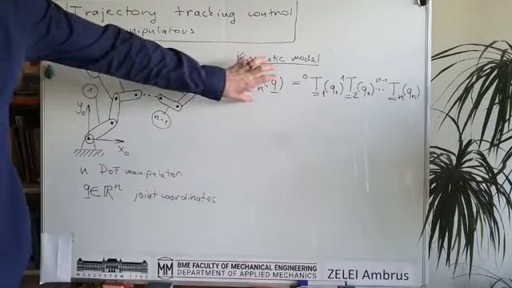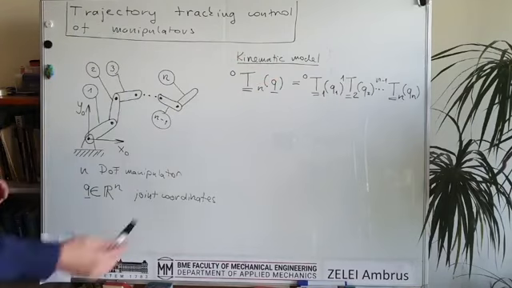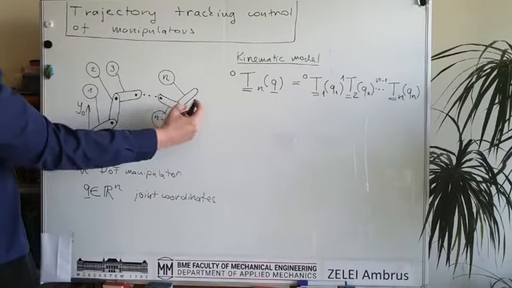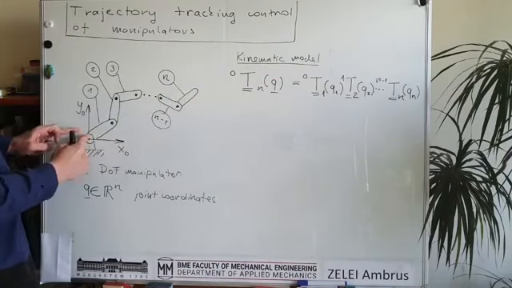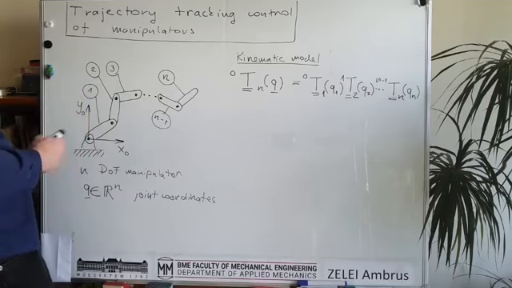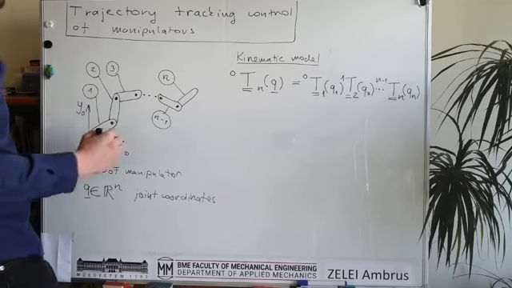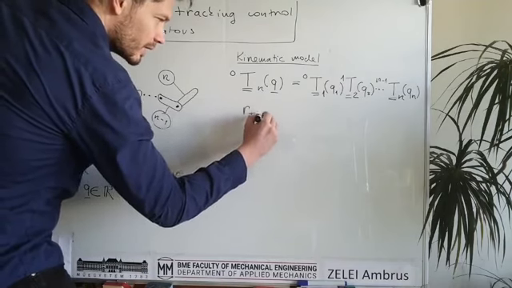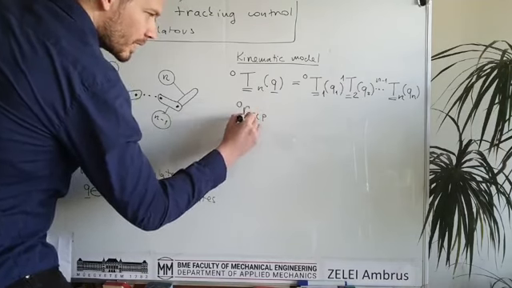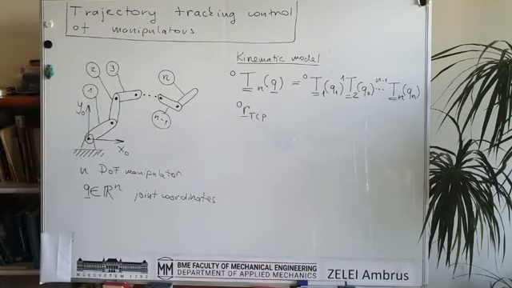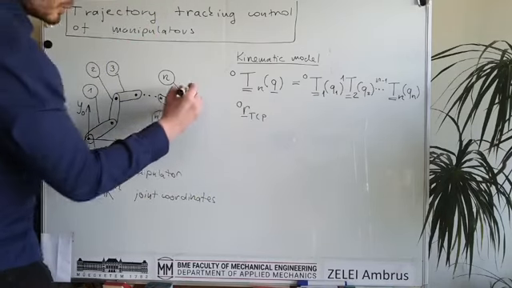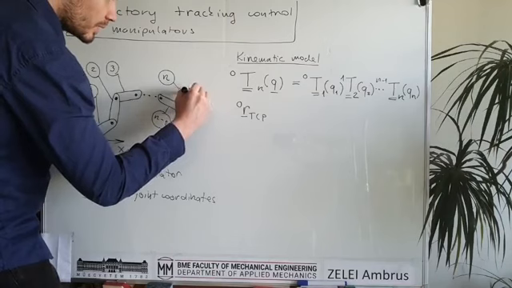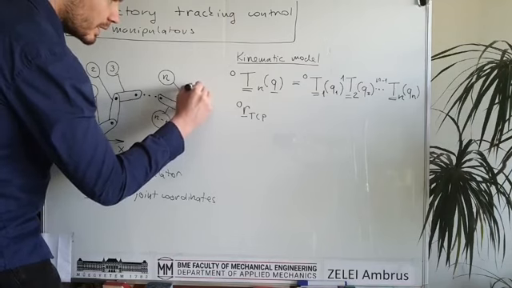So we can create this homogeneous transformation matrix which transforms from here to the global coordinate system, and the aim was to be able to calculate the position of the so-called tool center point in the global frame. So we said that there is a so-called tool center point here.